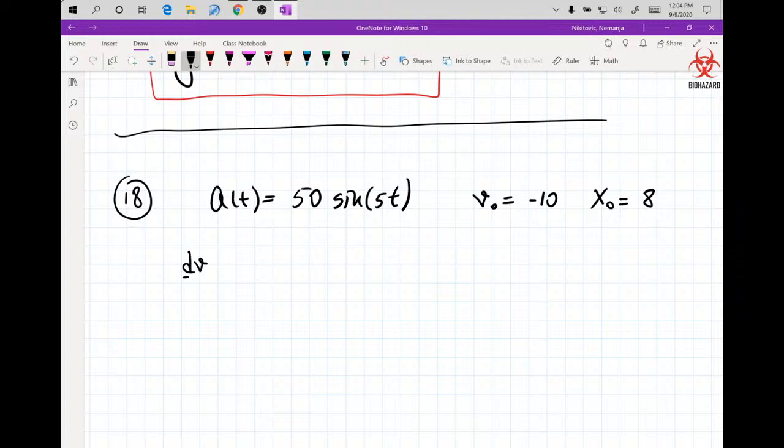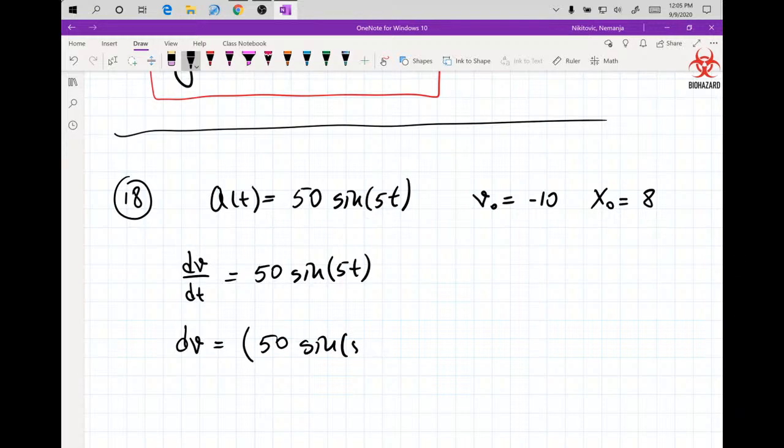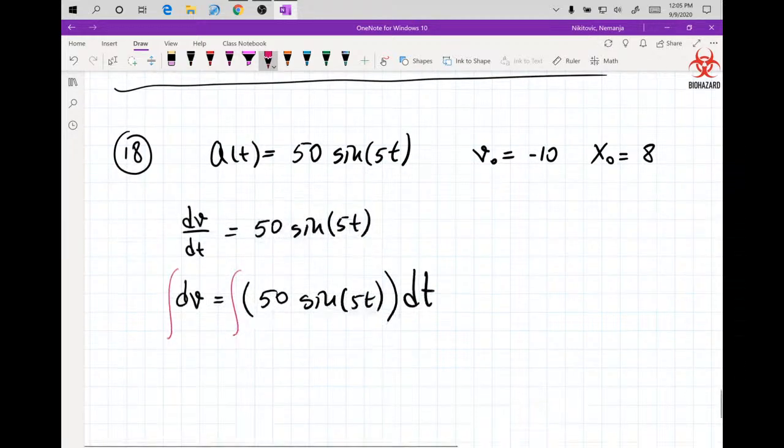Acceleration is change in velocity over change in time. Separation of variables will kick dt to the other side, so I will have everything in parentheses, 50 sine 5t. And we're going to integrate both sides.